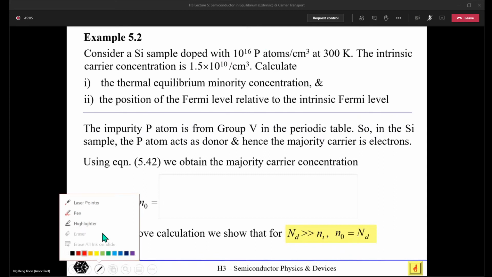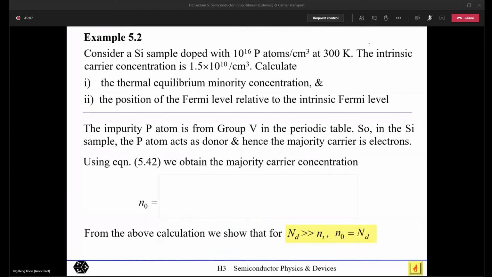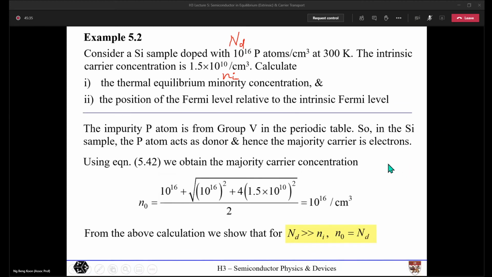So this 10 to the power 16 here is your ND, and this 10 to the power 10 is your Ni. If you compare between these two, the ND is obviously much greater than Ni. In this case, you do not need to use the solution that we have derived, which is the solution of the quadratic equation.